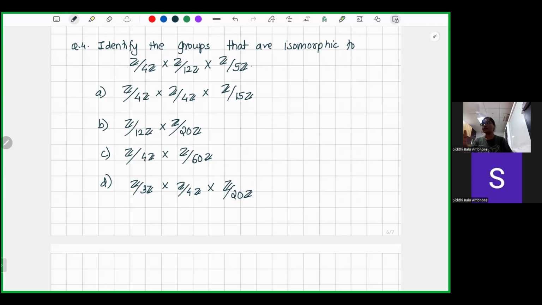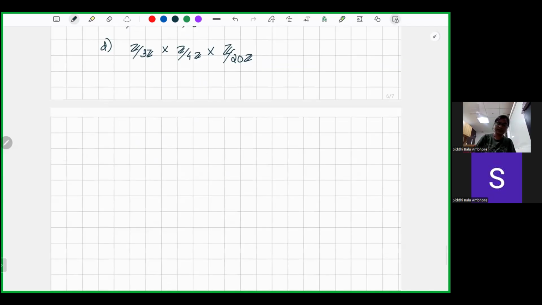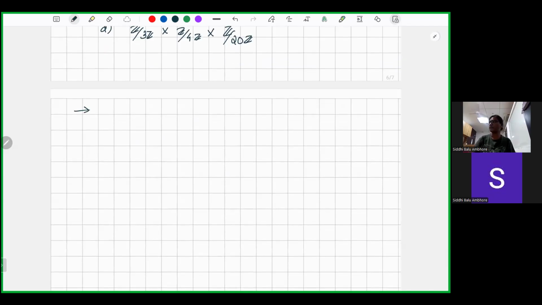So that's our first aim whenever you see such a question. And then we will move to the next thing, that is what we learned in the course, the structure theorem.